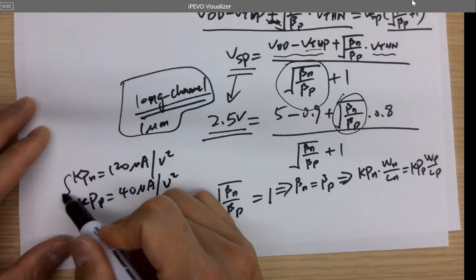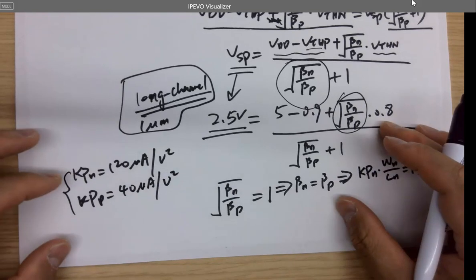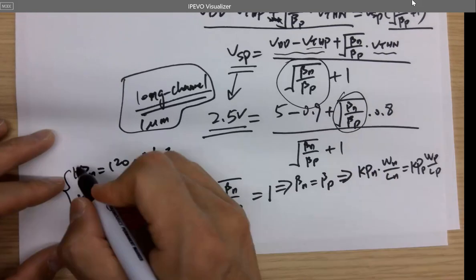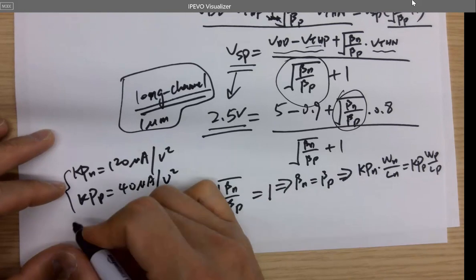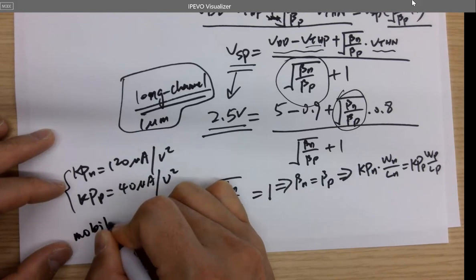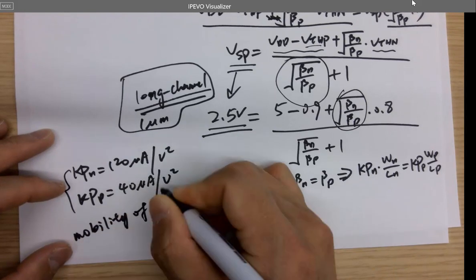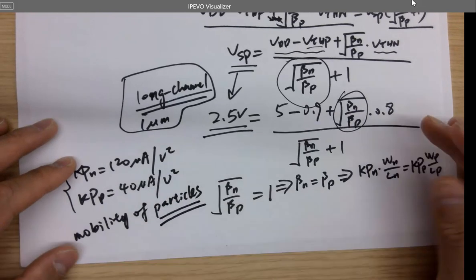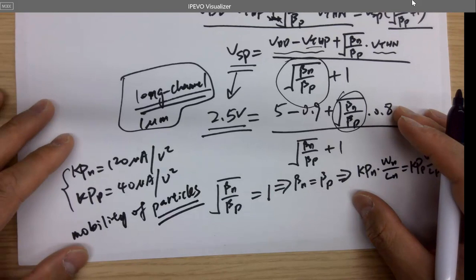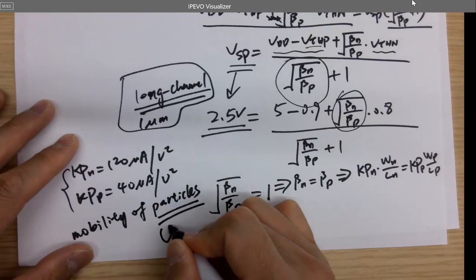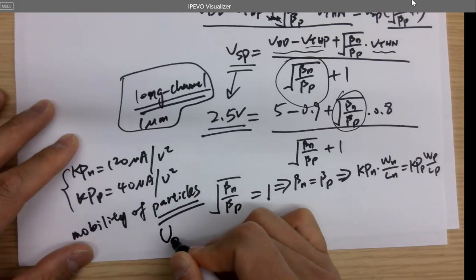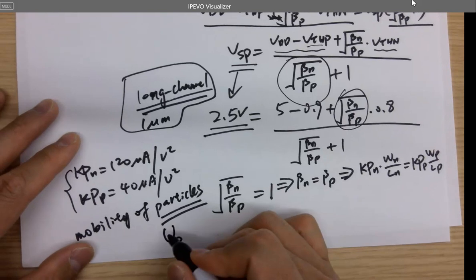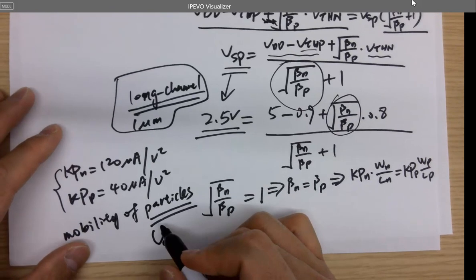So this KP parameter carries a constant. It's called mobility of the particles. I think in the model file it's a U something, U0 or something else, I forgot. So it's a mobility of the particles.